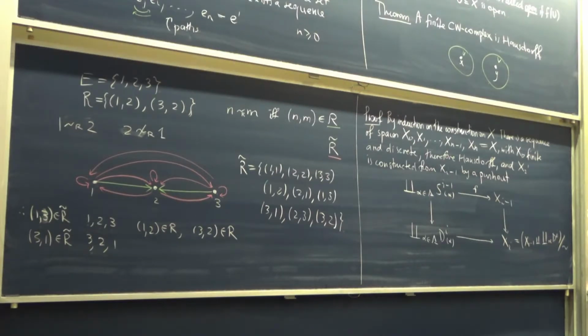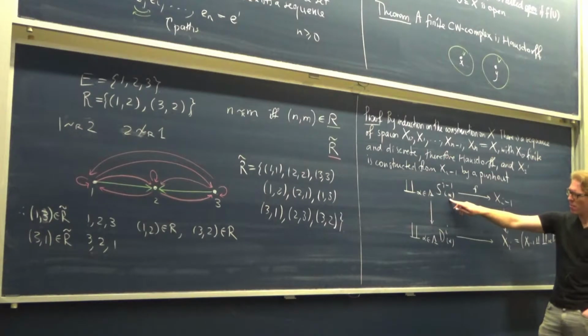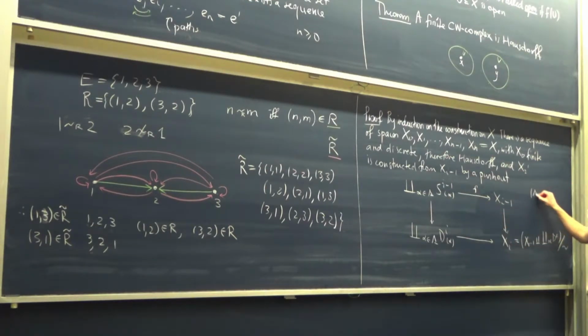As before, this is just a copy of the i-1 sphere labeled by alpha. This index set is finite. It's part of the definition. The left-hand map is just the inclusion of the boundary of the i disk and f are the attaching maps.